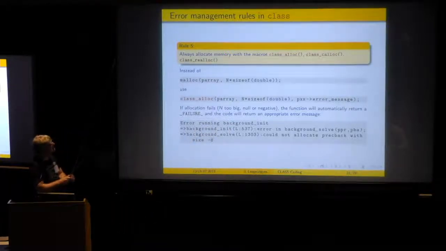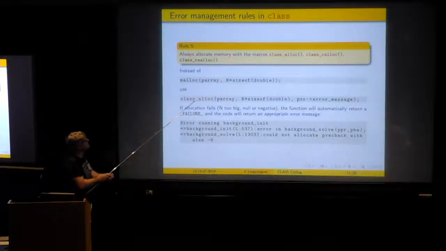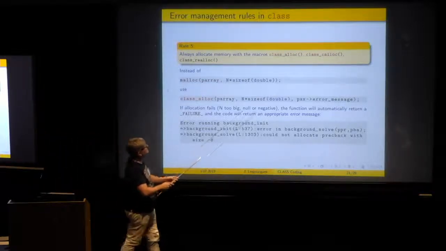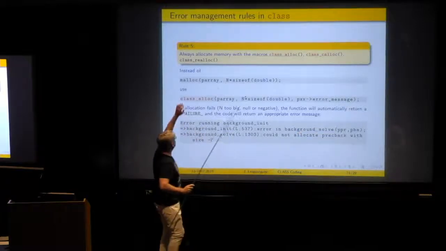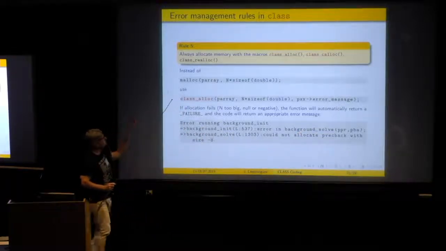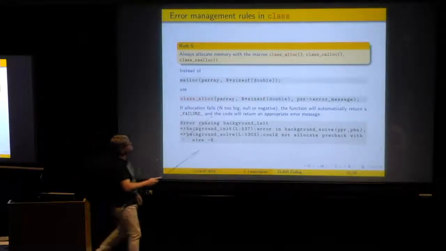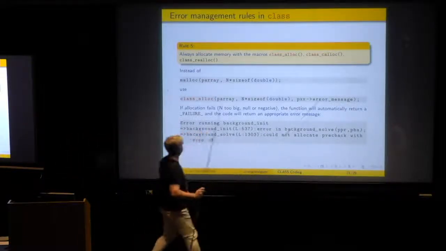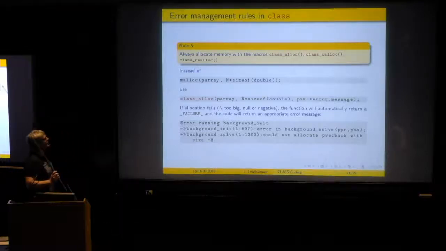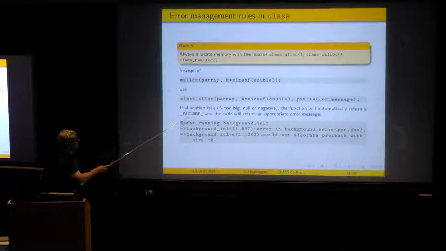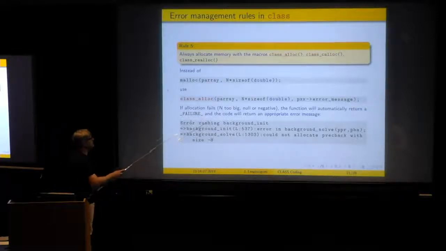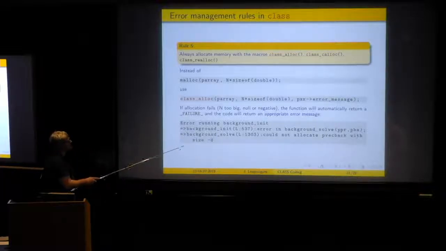So in class, instead of malloc, you will use class alloc with the same arguments plus the error message of the structure where you are. If you are in the perturbation module, this will be PPT error message. And when the allocation fails, the macro will ensure that everything complies with the error managed format, and you will get this message, in this case, generated entirely automatically.